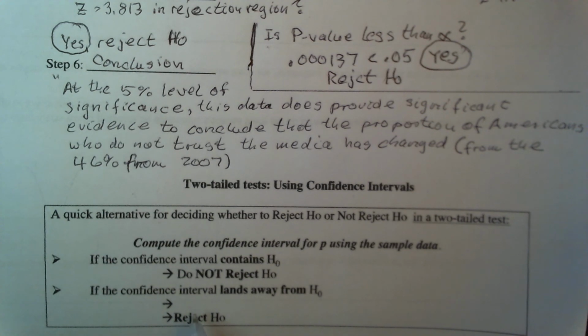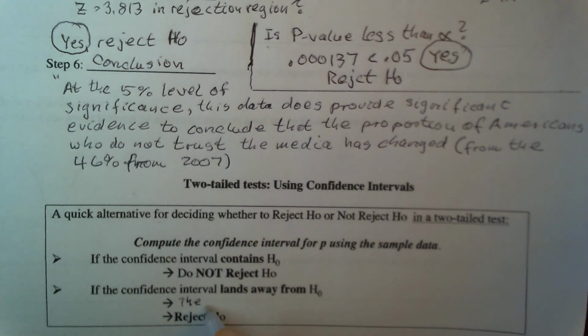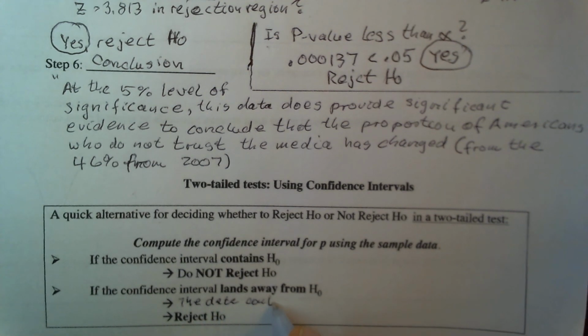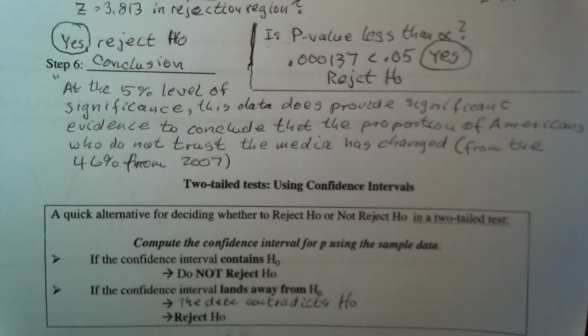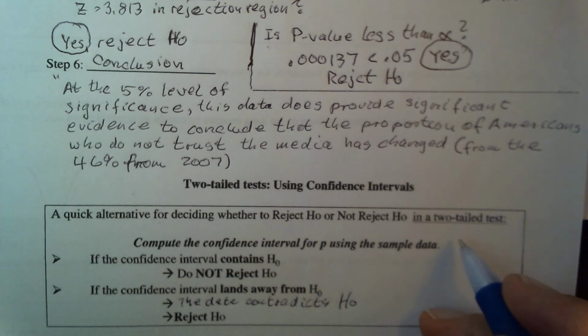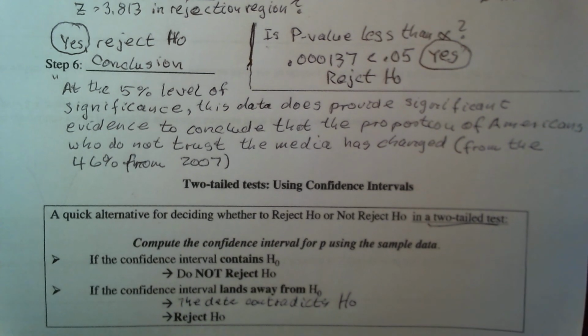If the confidence interval lands away from the null, H naught, then the data contradicts the null hypothesis, and we reject the null hypothesis. So that only works for two-tailed tests.